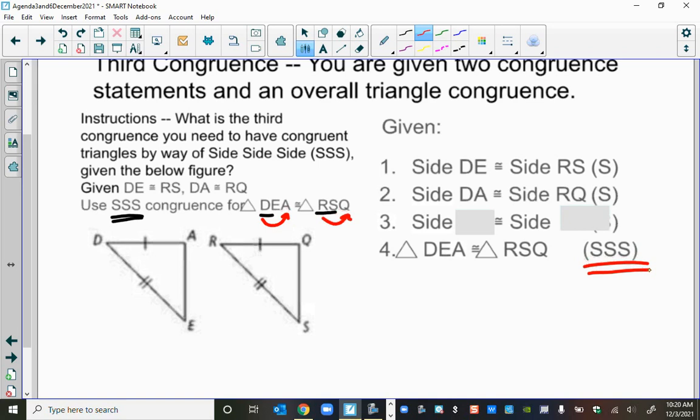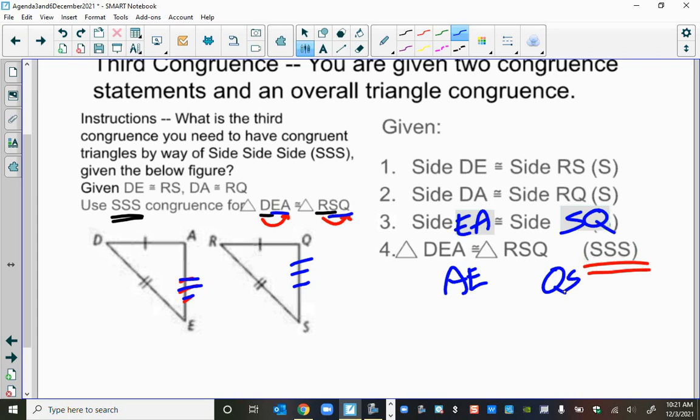Who can tell us? Say it again. EA. Actually, I'm marking it blue. EA. That works. Now, if Des had said AE and QS, would that work too?